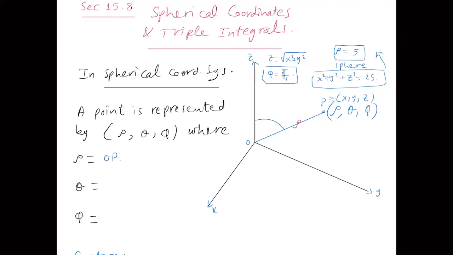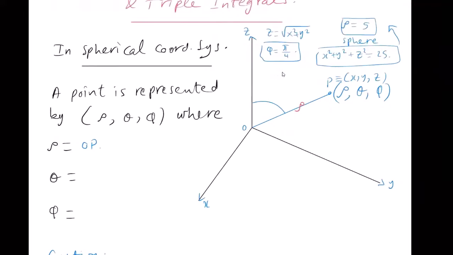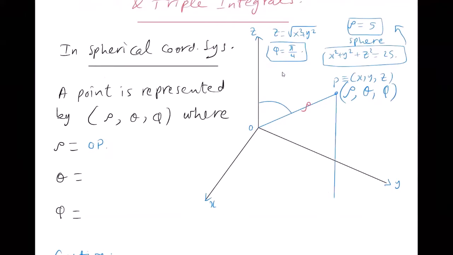And what is theta? Theta is the same theta as in polar coordinates and cylindrical coordinates. Remember, we make the projection of P onto the XY plane. This is the projection of P onto the XY plane, and this is the angle theta we are used to.